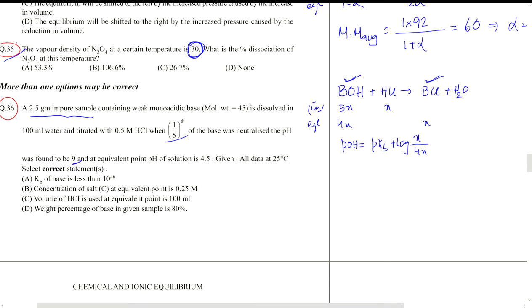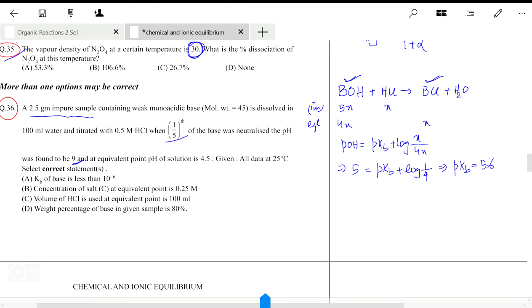pH is given as 9, so POH would be 5. So the equation is 5 is equal to pKb plus log of 1 by 4. So pKb becomes 5 minus log of 1 by 4, or 5 plus log 4, which is 5.6.